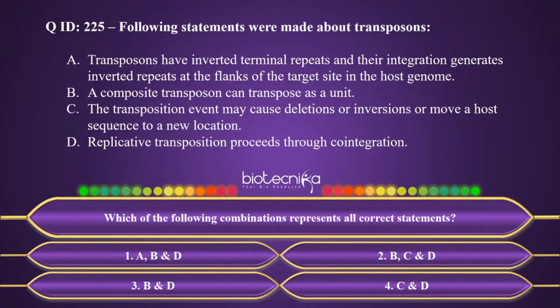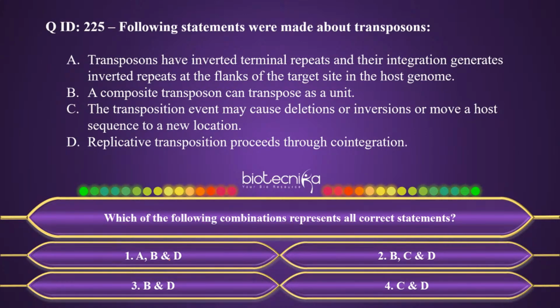So coming to question ID 225. The following statements were made about transposons. Again, one of the questions came regarding transposons. The first statement says that transposons have inverted terminal repeats, and their integration generates inverted repeats at the flanks of the target site in the host genome.